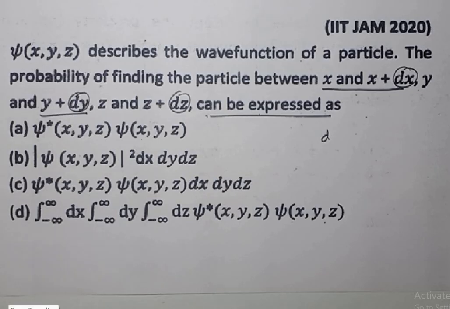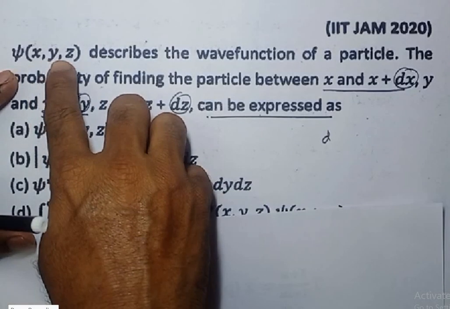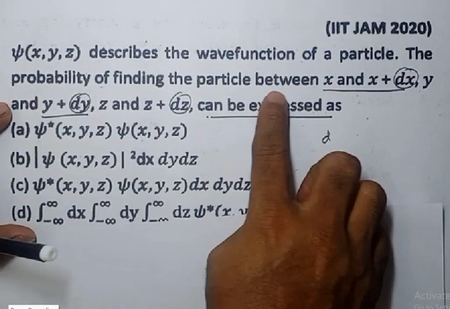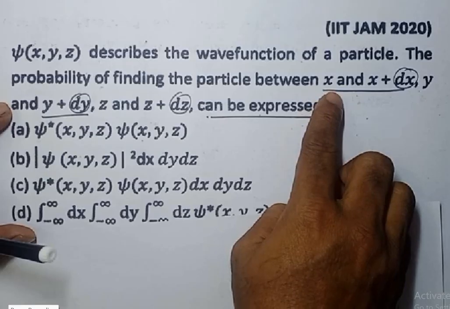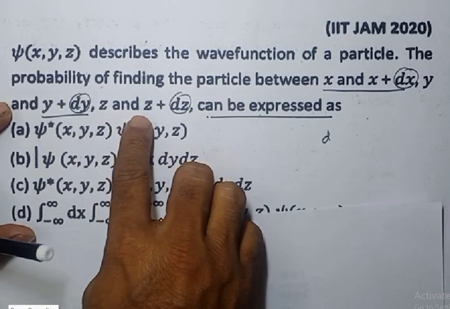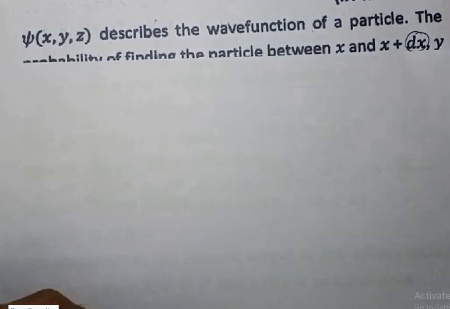Here, the wave function is given. It depends on 3 coordinates x, y, z. The question asked is the probability of finding the particle between x and x plus dx, y and y plus dy, and z and z plus dz. How to do that? Listen, very simple.